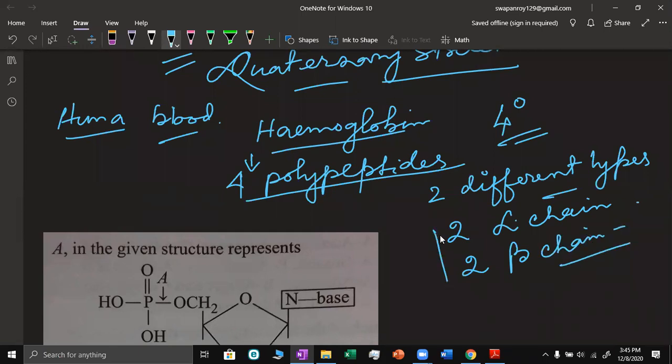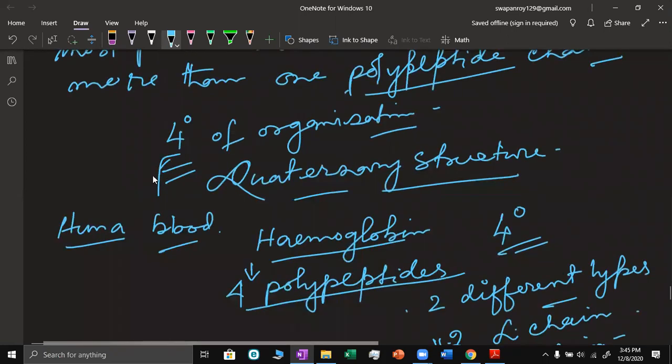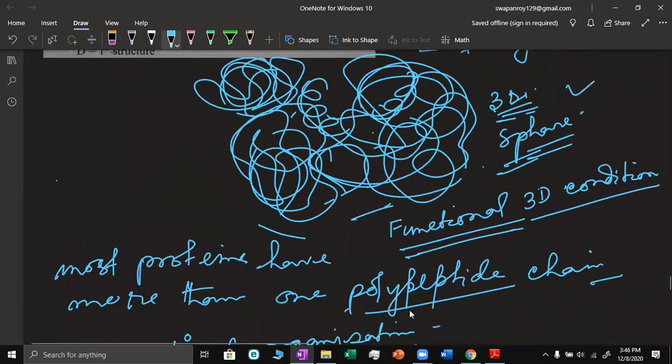So altogether 4 are there. So this is the fourth level.